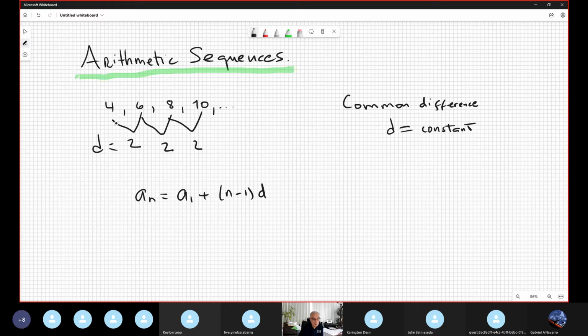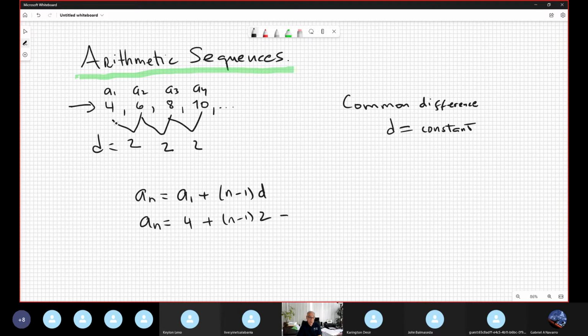What is the specific formula for this introduction example? A sub n is equal to A1, which is 4, because this is the first element. I suppose this is A1, this is A2, this is A3, this is A4. Plus n minus 1, and the common difference is 2.